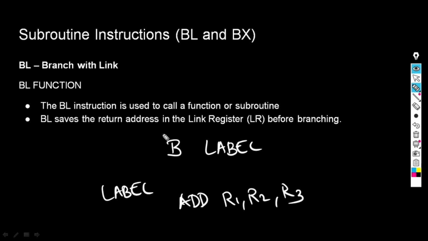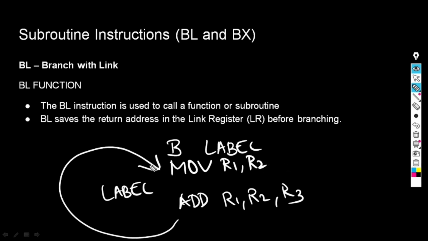But what if there is some instruction like move R1, R2, and my aim is to carry out this task and return back here? One thing you notice in branch is it will branch to some label, but there is no concept of returning back from there.